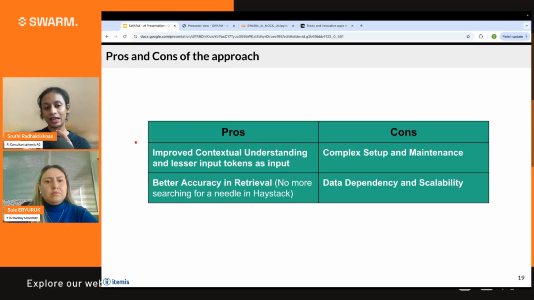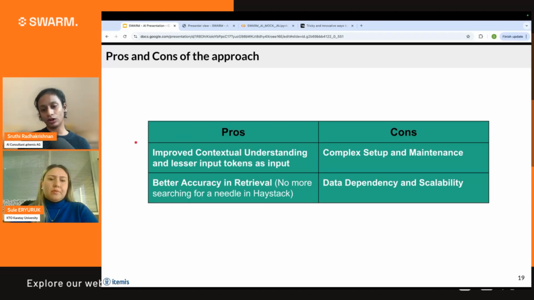But in graphs, it enhances this contextual understanding because you're providing a schema, and it has fewer input tokens that could be used for getting good quality queries, which in turn give you the context that could be processed based on these properties. This also improves the accuracy of the retrieval process, and you're no longer searching for a needle in the haystack. Basically, you're not going through a lot of documents to find out which of my elements have been impacted, and so on and so forth.